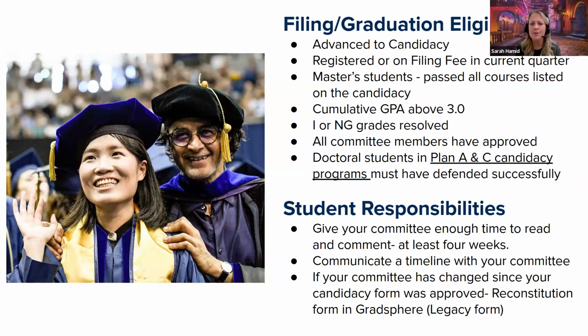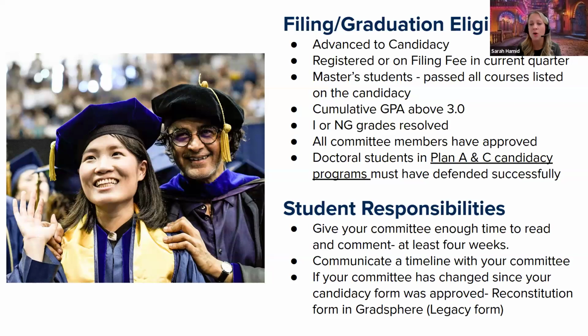All committee members have to be approved on your candidacy. If you're a thesis or a PhD student, when you submit that candidacy form to us, you're indicating on there who your committee members are. So you just want to make sure that those are still the same committee members. Doctoral students in Plan A or C will have to defend and do a final exam at the end and let us know that it has been passed properly.